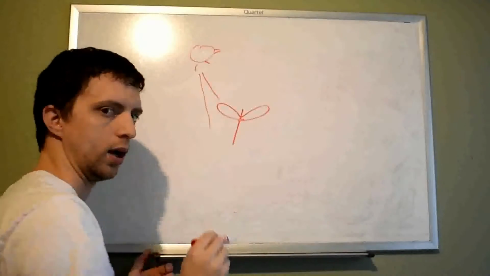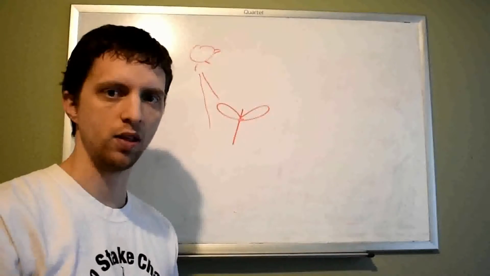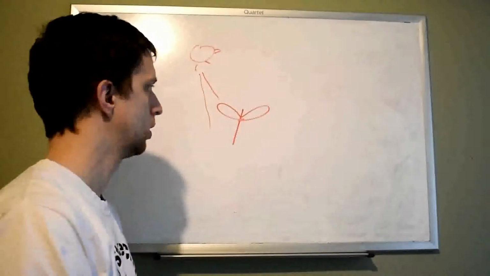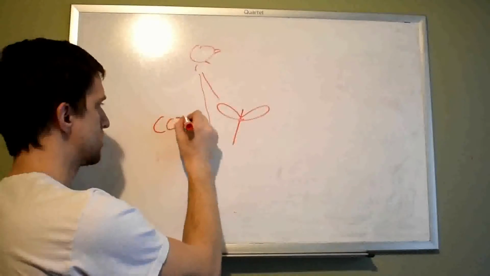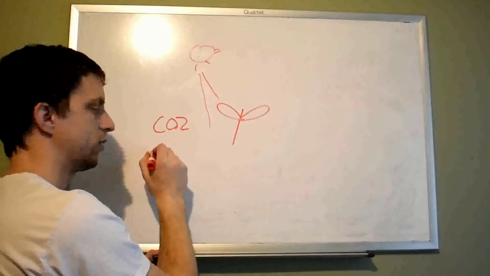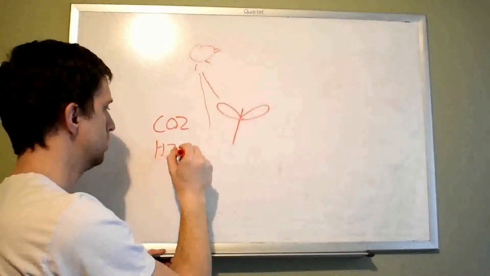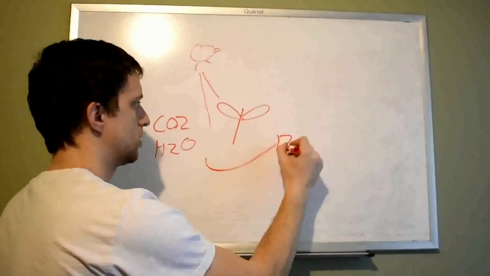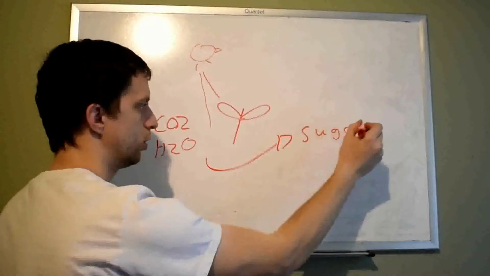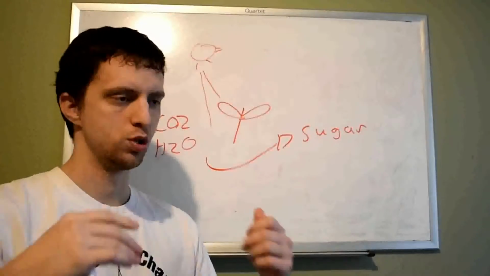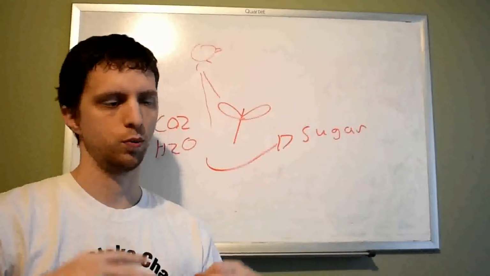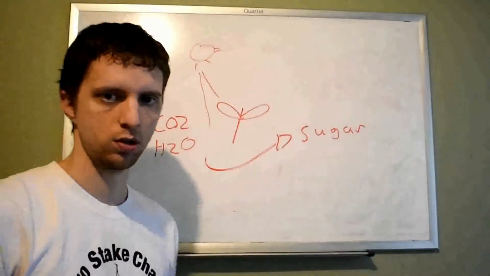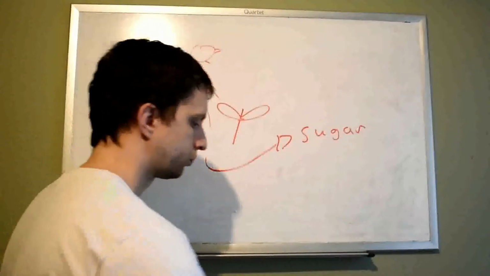And if it's the right type of photon, if it's the right wavelength or energy level, it will be absorbed by the plant, and it will take some CO2 out of the air and some H2O from the ground, and it will convert that into some sugar, some plant sugar, some glucose molecules. And then it uses that to build all its cell structures, use it to build fruit and flowers. All the parts of the plant are going to use these sugar molecules to do that.